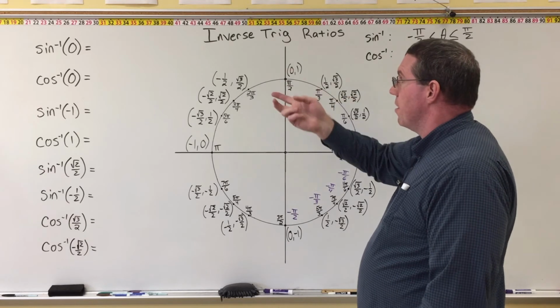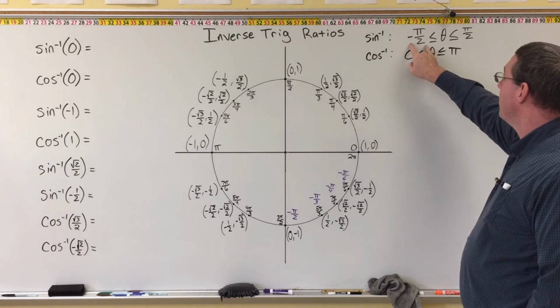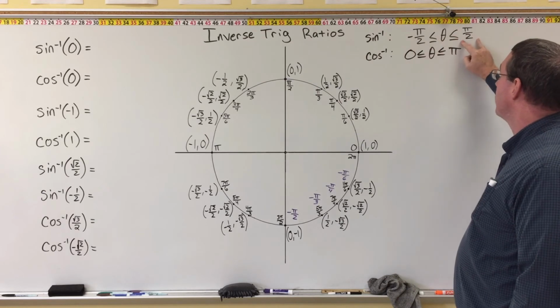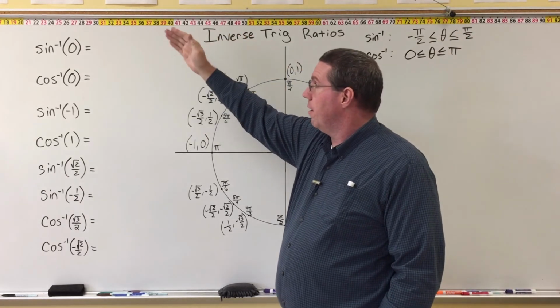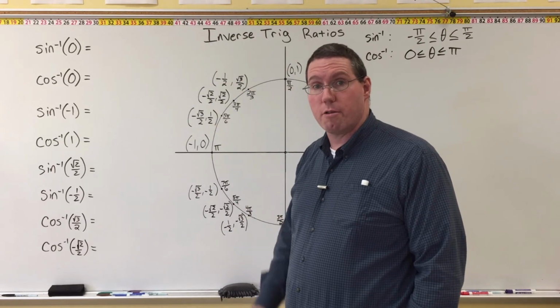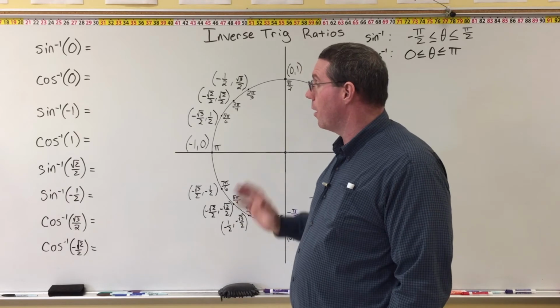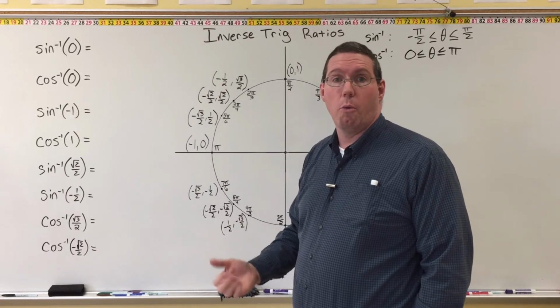Sine inverse of 0. What that's saying is what angle measure between negative pi over 2 and pi over 2 will give you a y coordinate of 0. I'm just going to get you started on that. What I want you to do is pause the video and try all 8 of these now, and then I'll work them out for you.